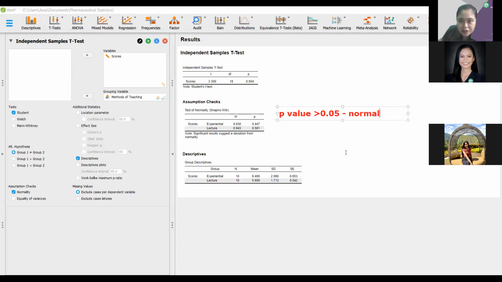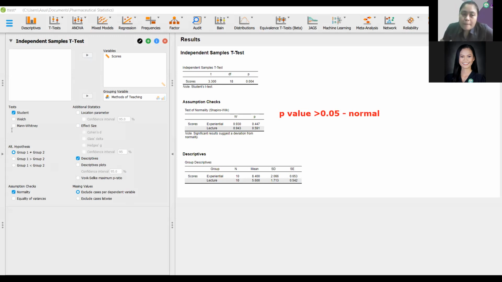Okay? That's how to interpret it. For the experiential group, it's 0.447, so the data is normally distributed. That is also true for the lecture group, 0.591. So we don't have a problem with the normality of the data. No outliers, no extremes. So that's the first assumption met by the collected data.